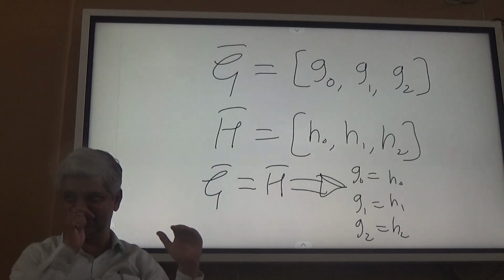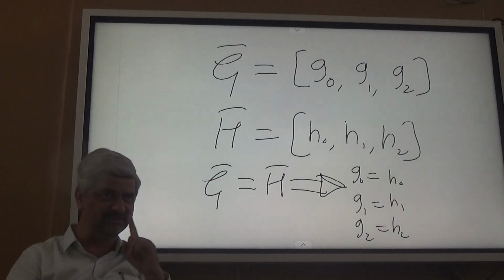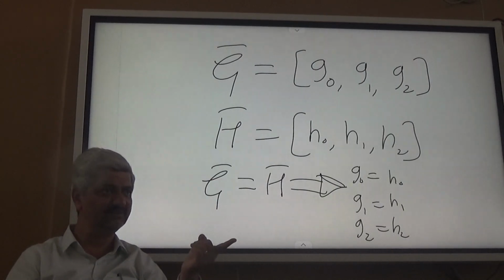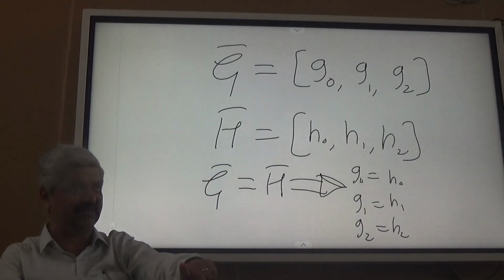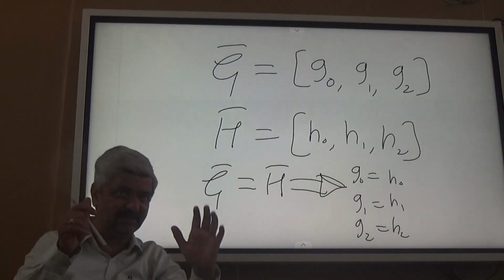A three-dimensional space can be completely described by a linear combination of three vectors 1 0 0, 0 1 0, 0 0 1. Any other combination, understood?